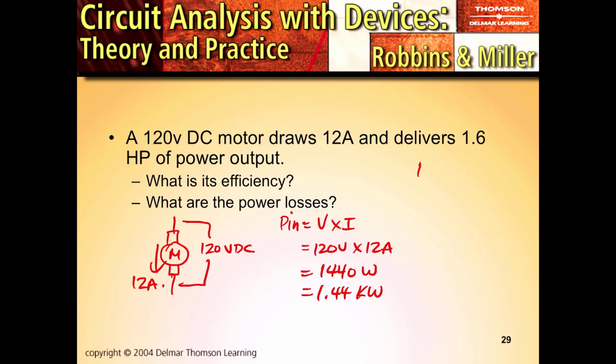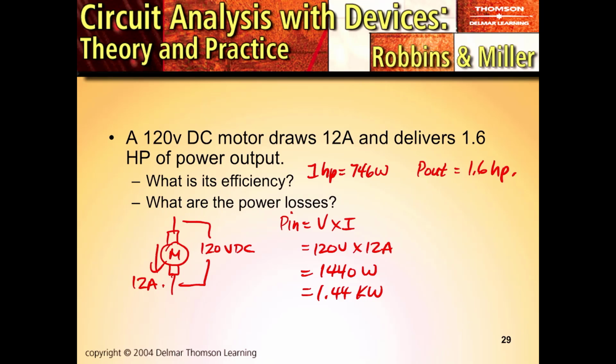Now, here's the thing. P out is equal to 1.6 horsepower. Okay, so with P out equaling 1.6 horsepower, we need to convert horsepower to watts to make a fair comparison between P out and P in. So you'll learn this soon enough: 1 horsepower equals 746 watts.